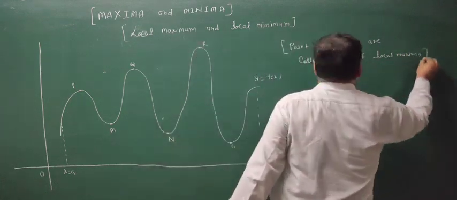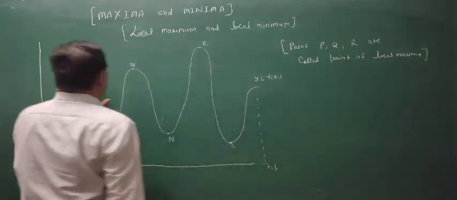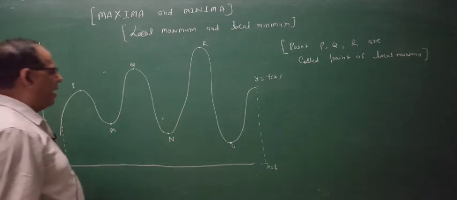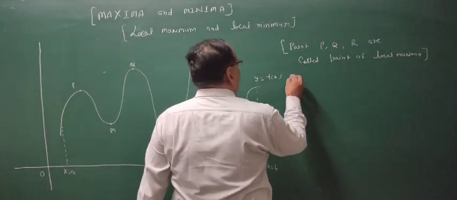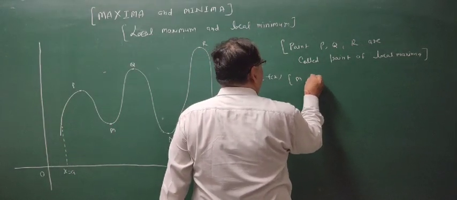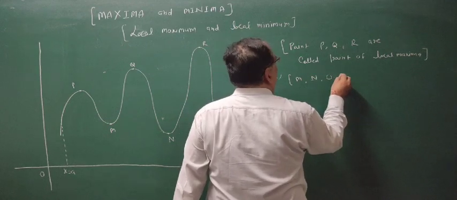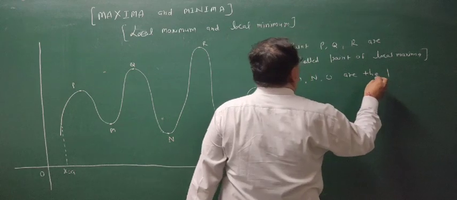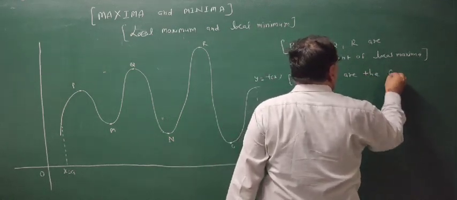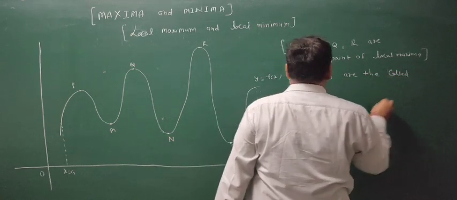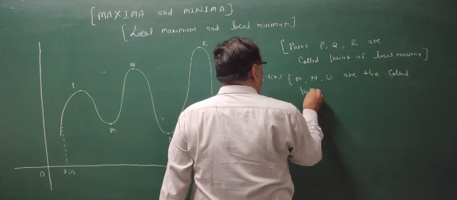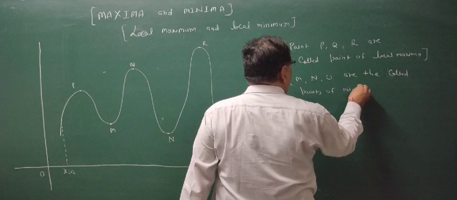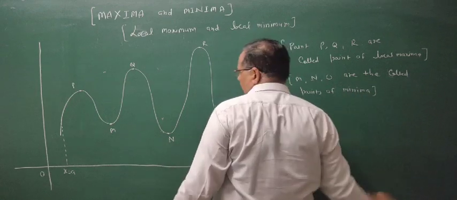In this graph, P, Q, R are where the graph of the function shows the height, and M and O are called points of local minimum.